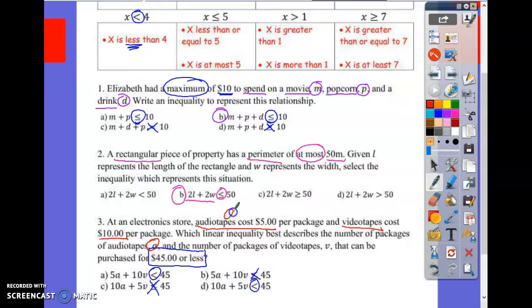So this is my A. Audio tapes is A. And the number of packages of videotapes V, so this is my V. So what number goes with A? 5. Not 10. This one says 10 goes with the A. That's not true. And then what number goes with V? 10. This one says V goes with 5. That's not true. So my answer is A.